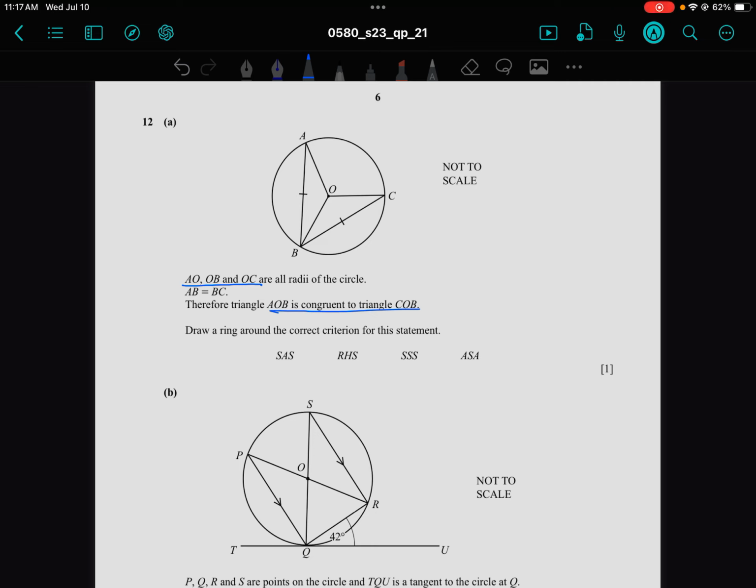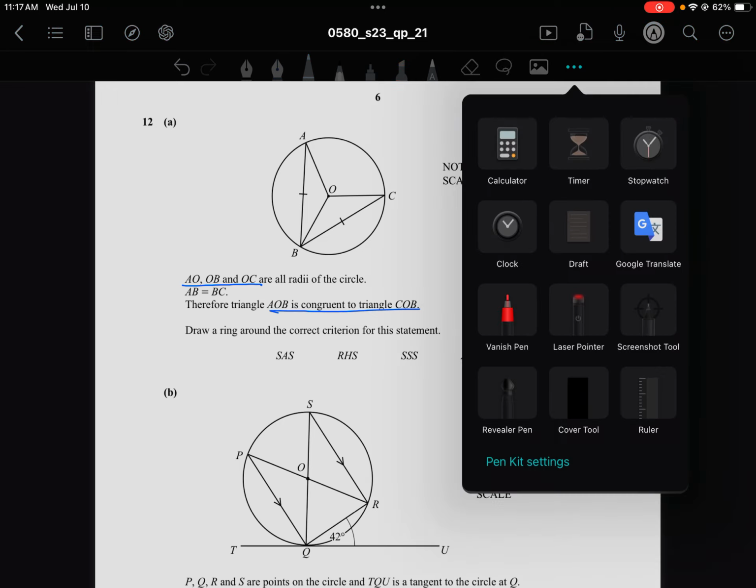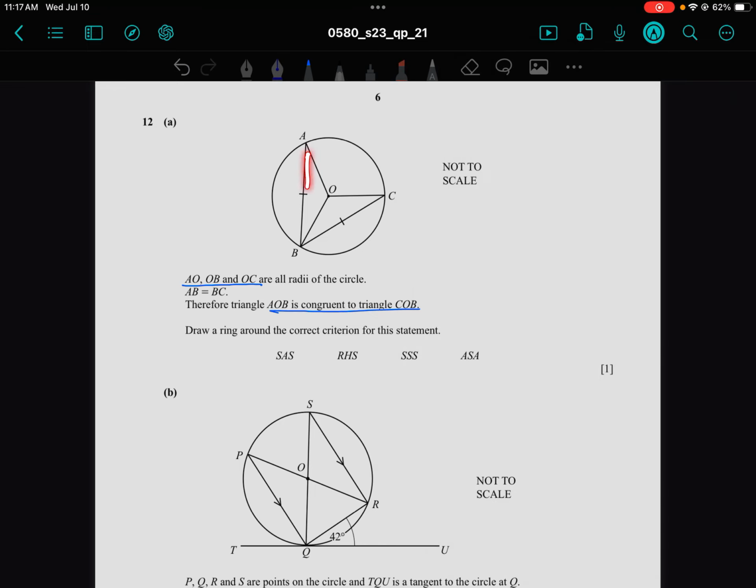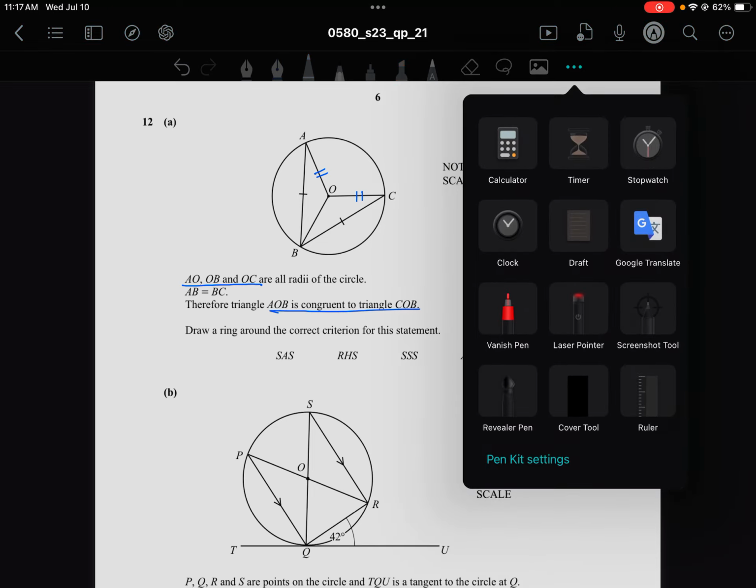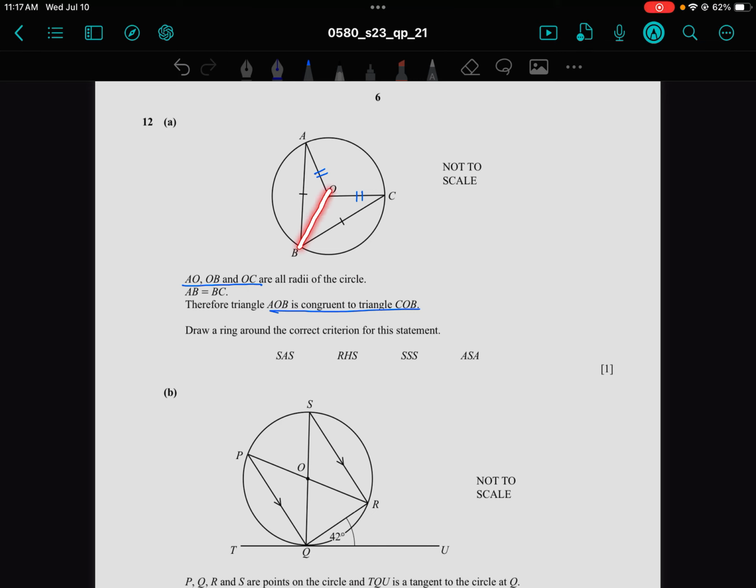So as we can see here, in this triangle and this triangle, AO is also equal to OC because these two both are radii. So I can write here that this side is equal to this side and OB is a common side in both the triangles.